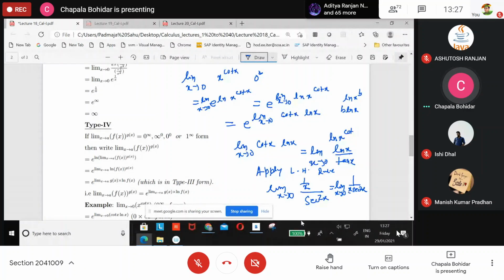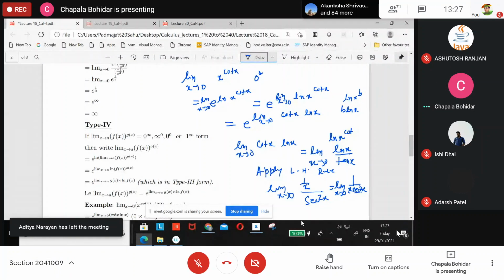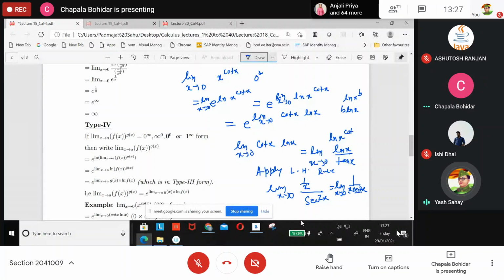It is 0 for x, and sec square x tends to 1.